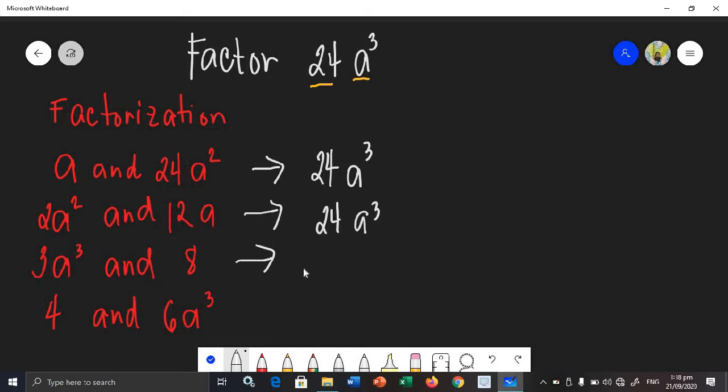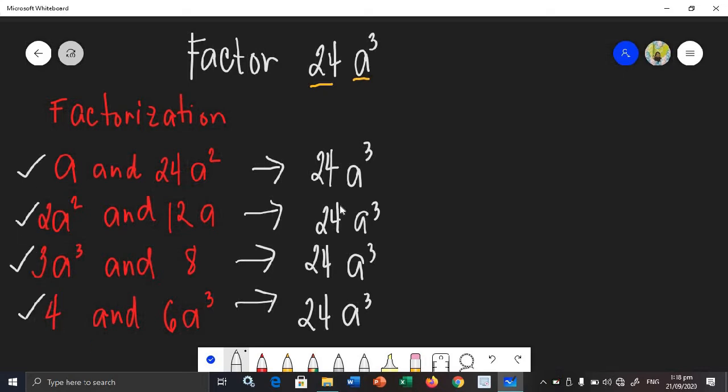This one, 3 times 8 is 24, and then a cubed. And the last one, 4 and 6a cubed is 24a cubed. Therefore, all these factorizations are factors of 24a cubed. Therefore, you did get a correct factor.